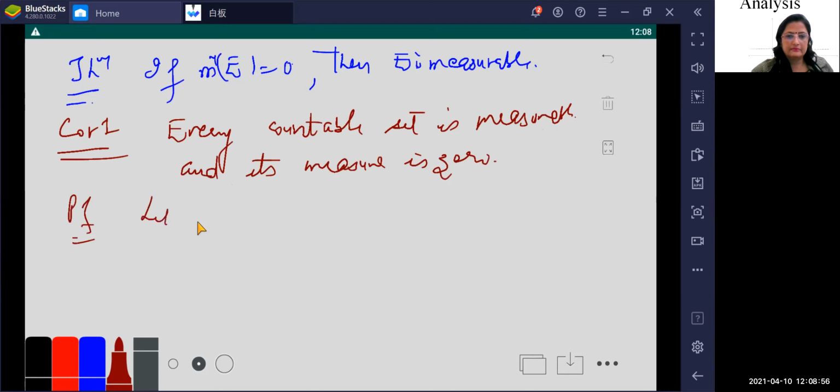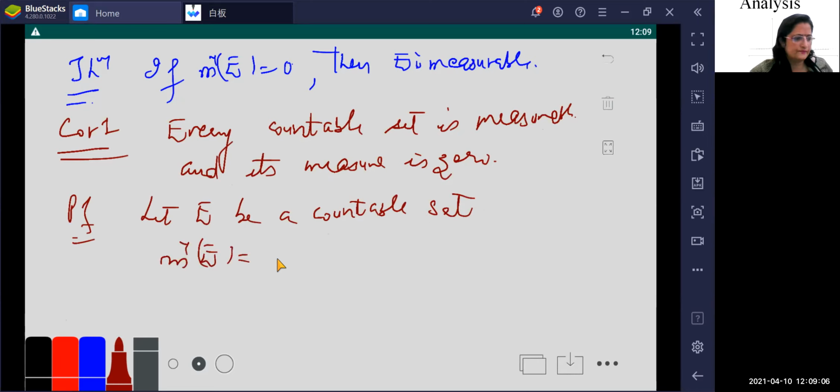Let E be a countable set. We have already proved that every countable set has outer measure equal to 0. And the above theorem says that if a set has outer measure 0, then it is measurable. It implies E is measurable.